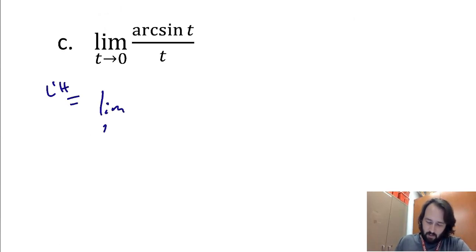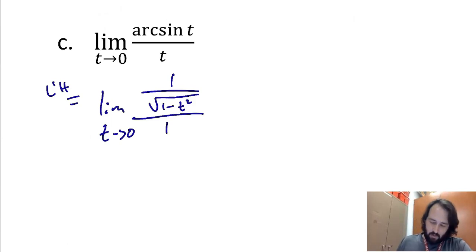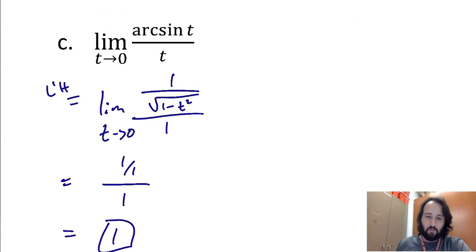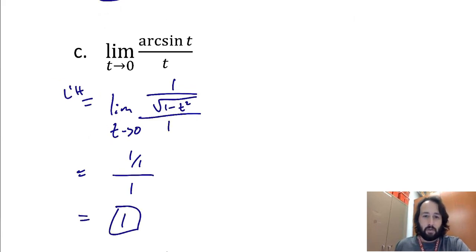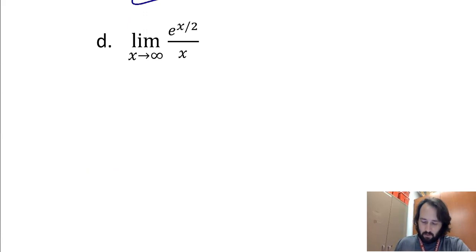So the limit as t approaches 0 of 1 over the square root of 1 minus t squared, all divided by 1. So now if I put in 0, this is 1 over 1 over 1, so this whole thing is just 1. So L'Hopital is going to make your life a lot easier.